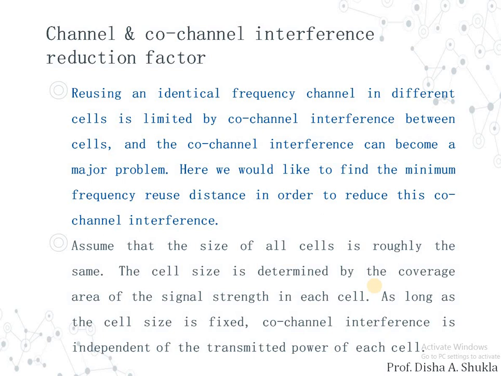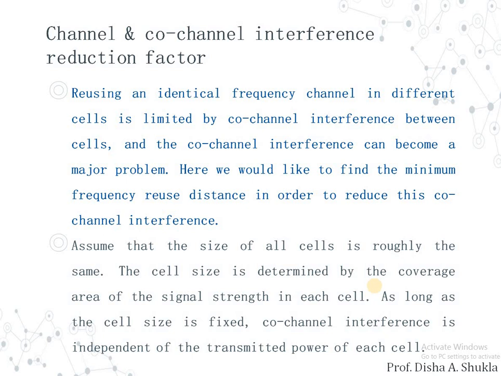Now here we would like to find the minimum frequency reuse distance in order to reduce this co-channel interference. As we have already seen, the only solution to the co-channel interference is placing those cells physically apart, that is the distance should be made such that there won't be a lot of co-channel interference.